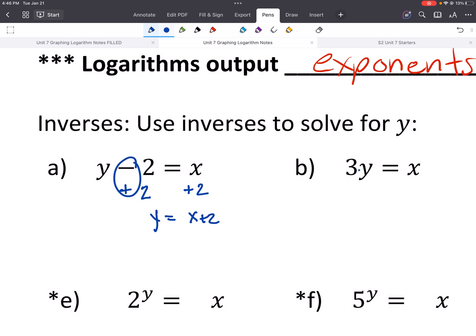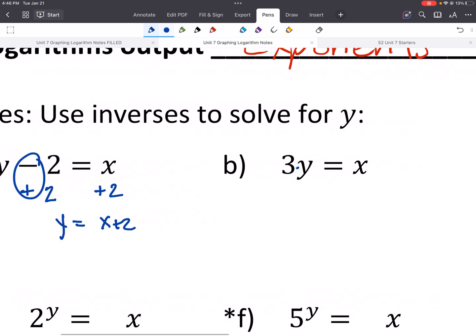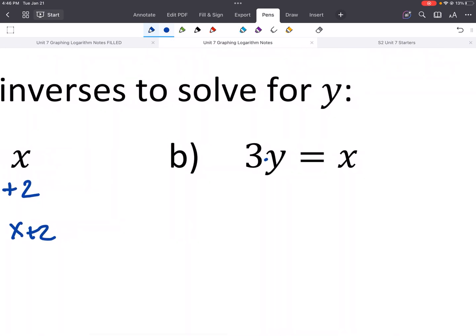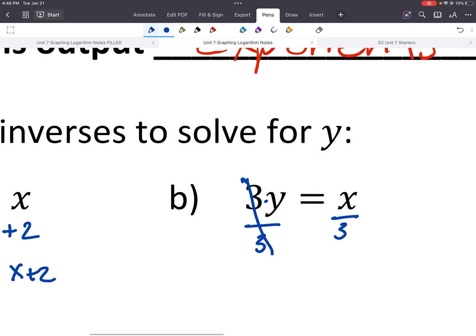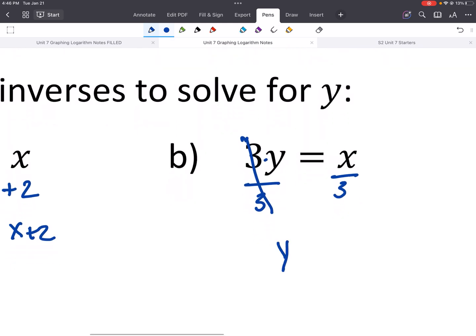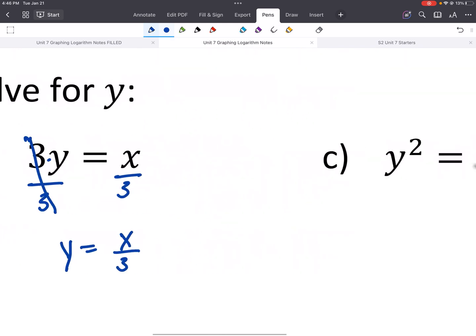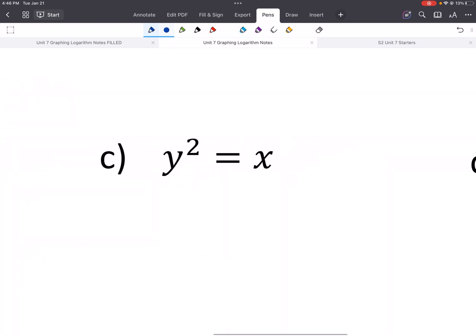Okay? This equation is being multiplied, and its opposite would be to divide. Sorry, I don't know why that happens sometimes. We'd end up getting y equals x/3, right? When we get to squaring, what's the opposite of squaring? It would be square rooting.